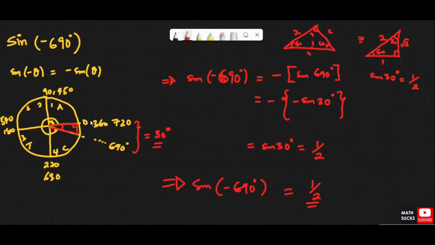The rotation would end up throwing you here in the second quadrant, where sine is positive, and you'd get that angle as 30 degrees from this horizontal line, and then you can find sine of 30. So either way you approach it, as long as you follow the rules, the answer remains correct.